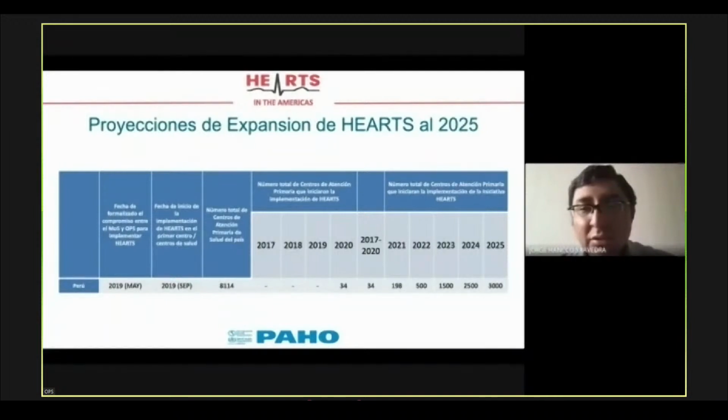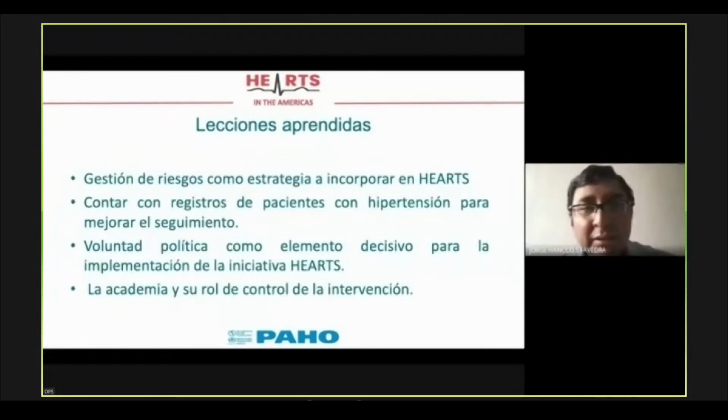And then we hope to include at the end 198 health facilities that take care of the vulnerable population in Peru. We hope that in 2025, we will have 3,000 health facilities, and also that we will have added 40% of the primary healthcare facilities.